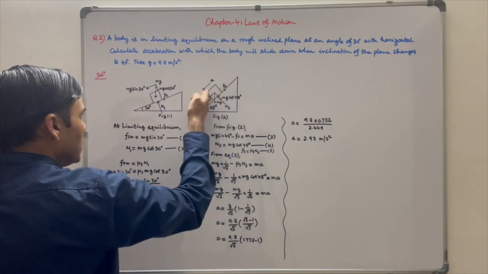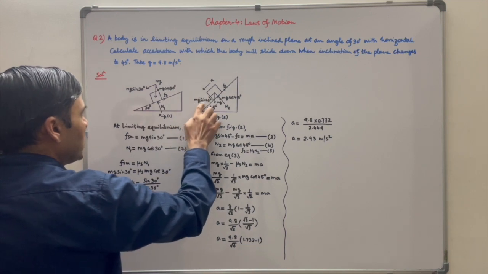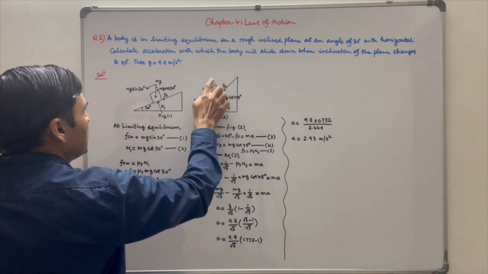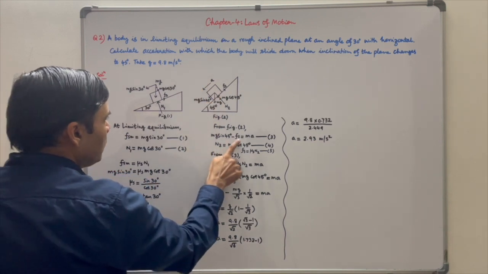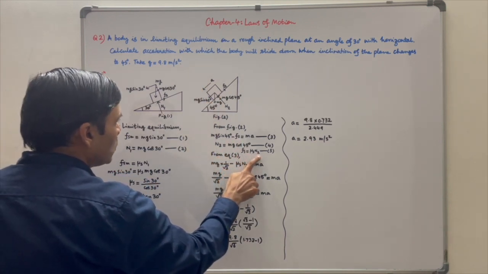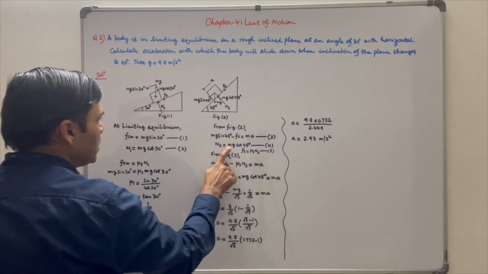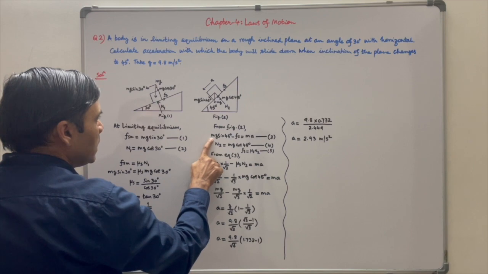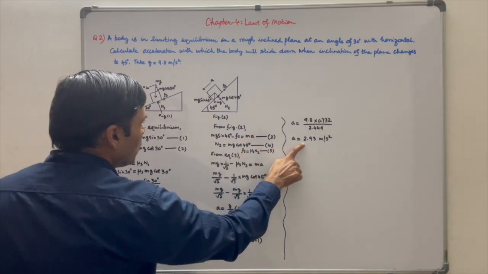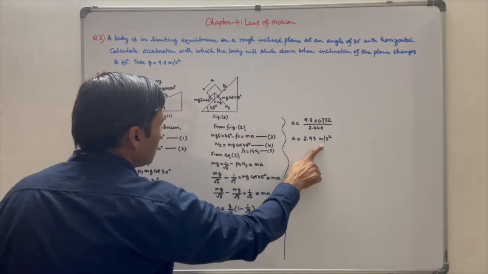So net force downwards will be mg sin 45 minus Fs, and that will be equal to ma. That will be the equation of motion. Fs is equal to mu s into N2 and N2 is equal to mg cos 45. So we will put various values in this to get value of a as 2.93 meter per second square.